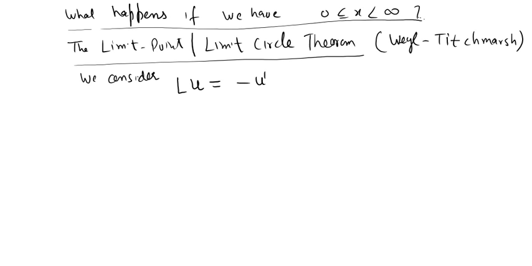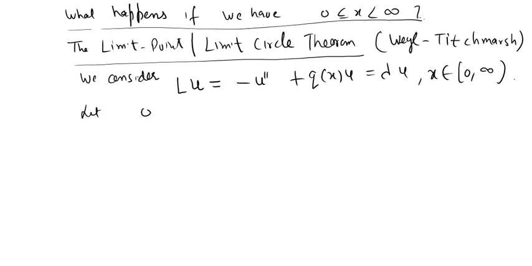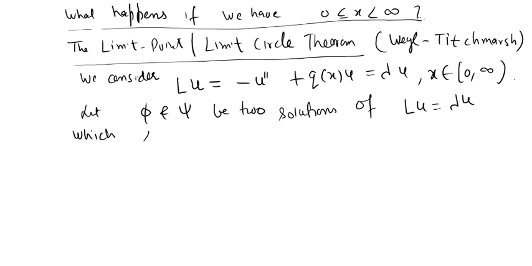So L u equal to minus u double prime plus q(x) u equal to lambda u, and x belongs to 0 to infinity. Here for simplicity p is 1, r is also 1, and let phi and psi be two solutions of this problem L u equal to lambda u, which satisfy the boundary conditions.